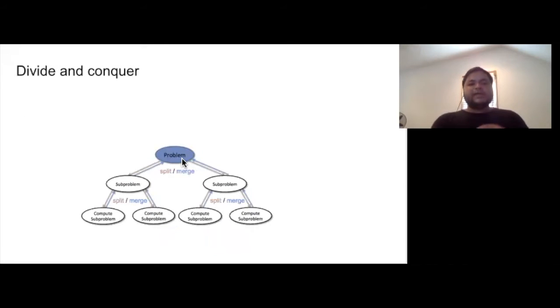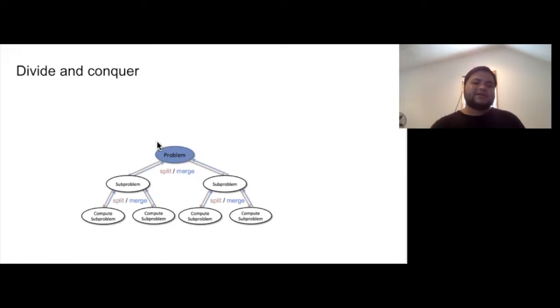Now, in computer science, this algorithm of dividing the original problem into subproblems works recursively. How? I think you already know how recursion works.